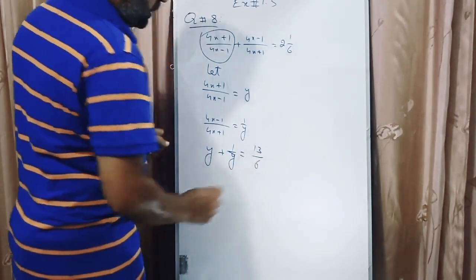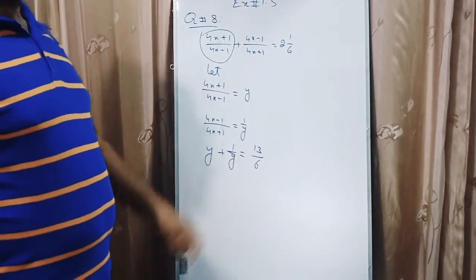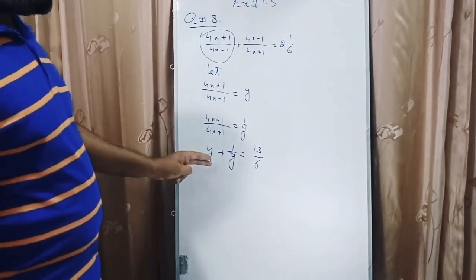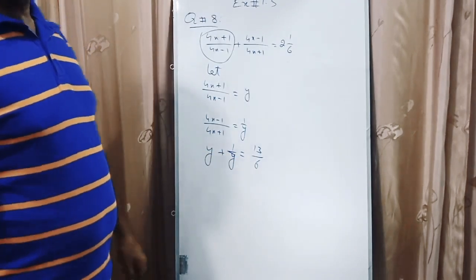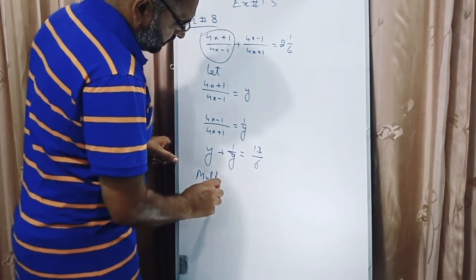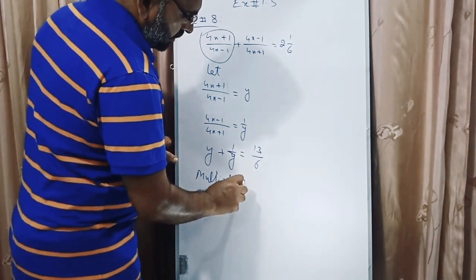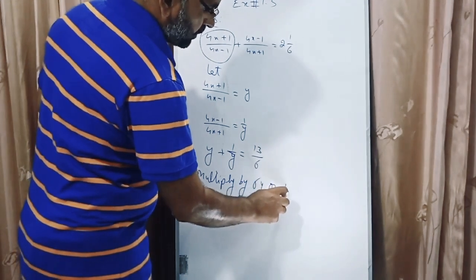Now to minimize the denominators, we have to multiply all three terms with 6y, so we can reduce the denominator y as well as 6. So I will write multiply by 6y on both sides.